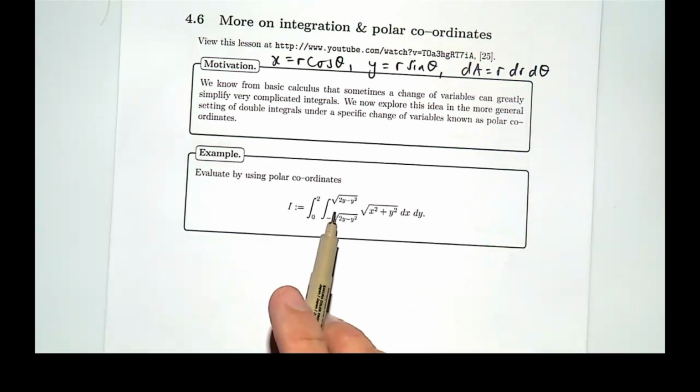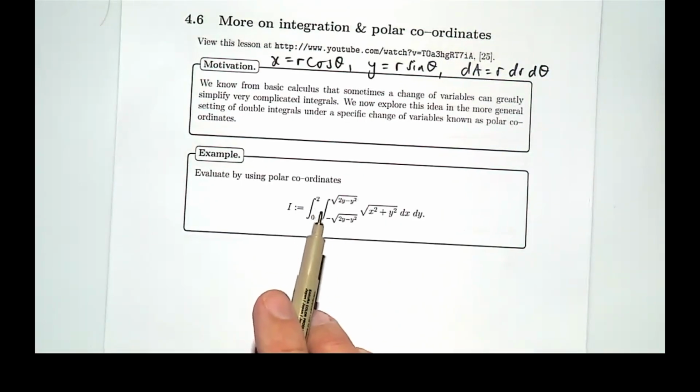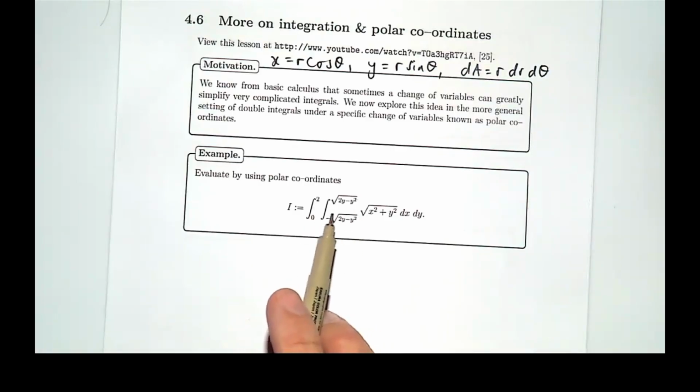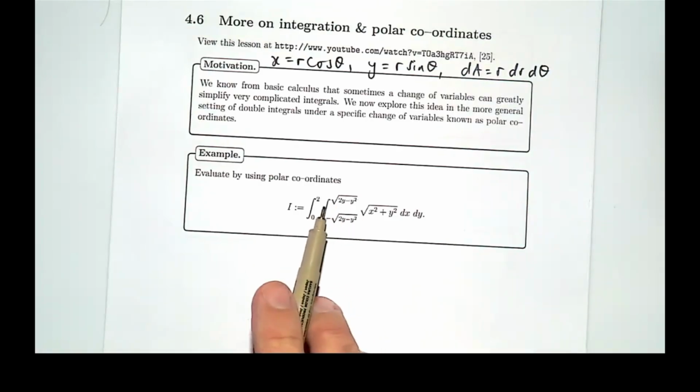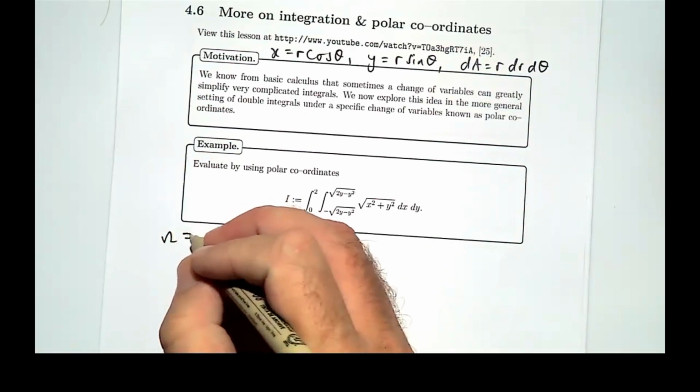Okay, so in this case, y is between 0 and 2, x is between negative of that square root and the positive of that square root. So let's actually just write it out.